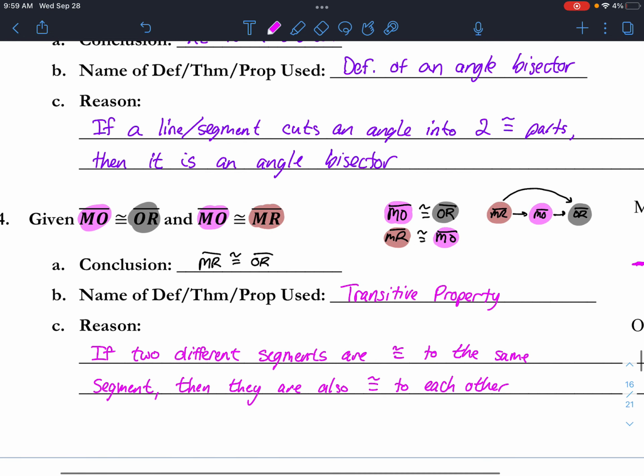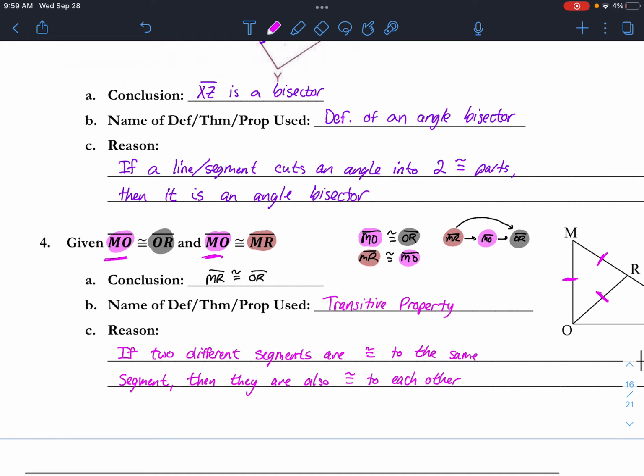And that was that idea that we saw here where you'll notice that MO was congruent to both OR and MR. That would mean by default that those two segments that we have should also be congruent to each other. So that's the definition of the transitive property.